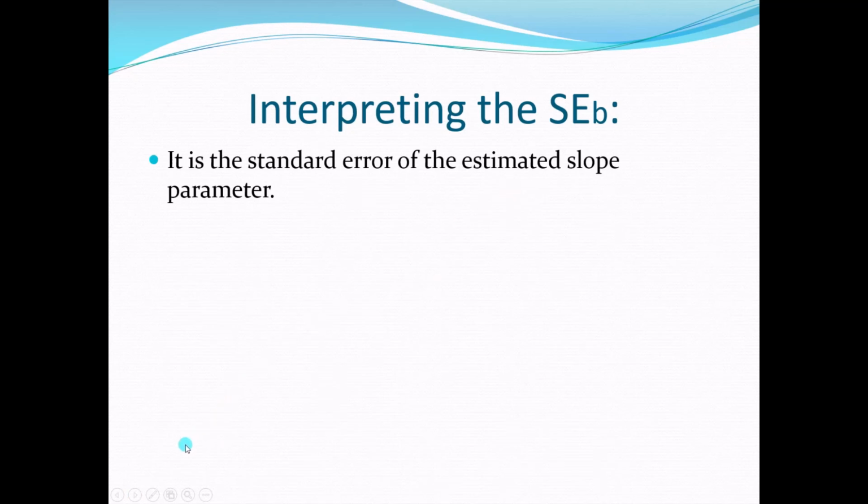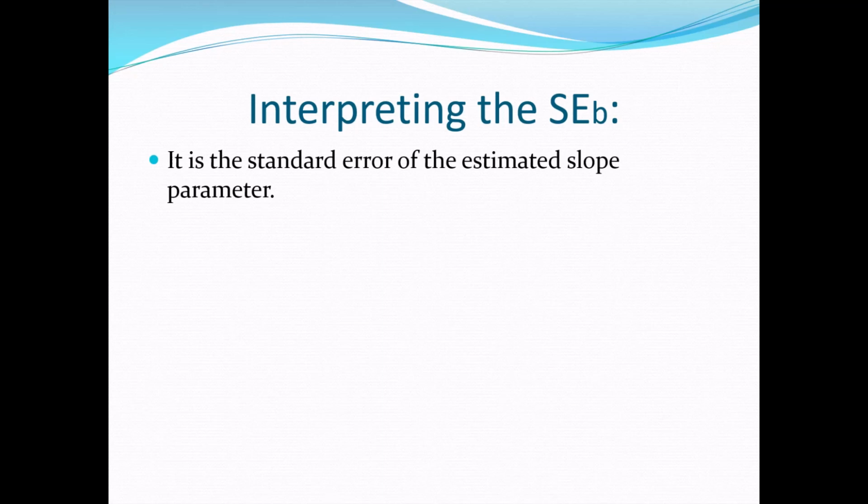In other words, if I get a sample and get a bunch of ordered pairs from my sample and generate everything that I need, I just run an LSRL and I'll get a slope, a lowercase b value. If I do it again with a different group of people, I'll get a slightly different slope. And if I do it again, I get another one.